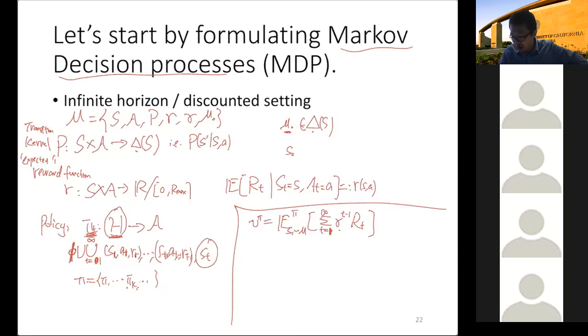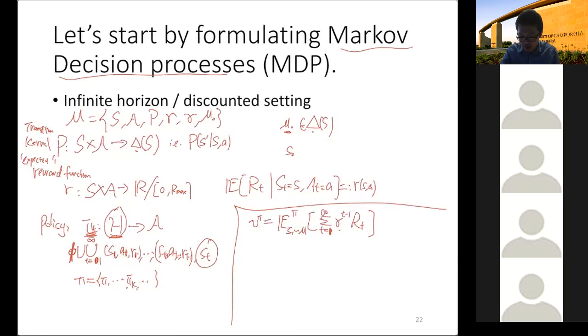The first reward is not discounted, starting from the second one on, the second step is discounted by a factor of gamma, the third step is discounted by a factor of gamma squared, and so on until the very end.